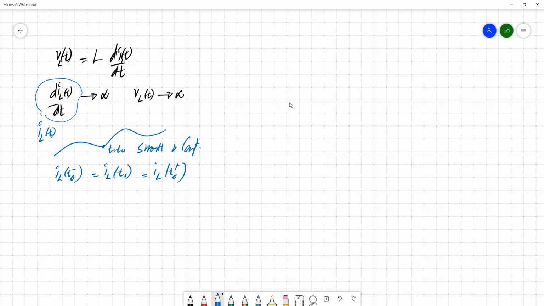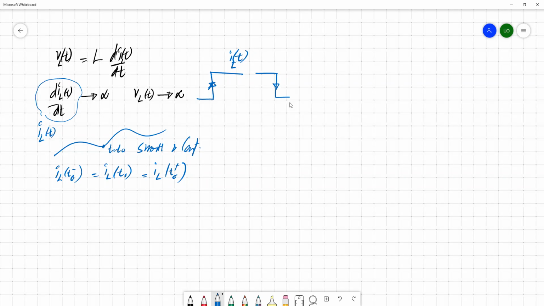So capacitors cannot manage this, and inductors cannot manage this kind of sudden falls or rises in current. These inductors cannot manage such abrupt changes in current, so it basically smoothens the current waveform as well.